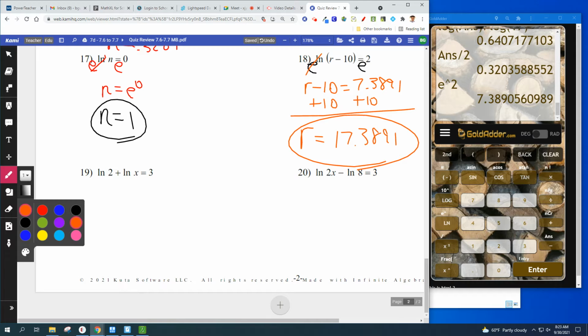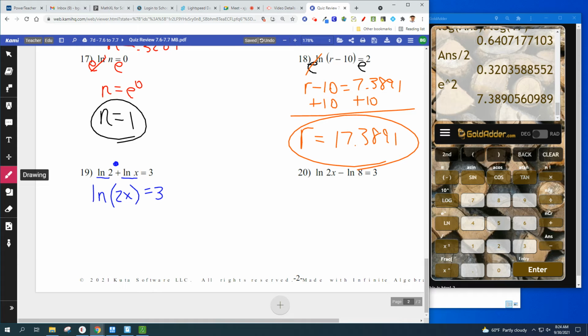Okay, last one, probably the hardest set, because now we have to condense our logs. I've got 2 logs. I don't want 2 logs, I want 1 log, so I'm going to condense using those properties from before. I know when I add logs, I can combine them into a single log and change addition to multiplication. That's natural log of 2x equals 3. You have to do that.